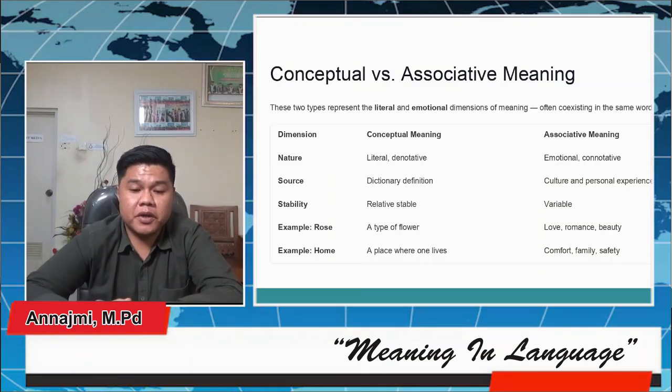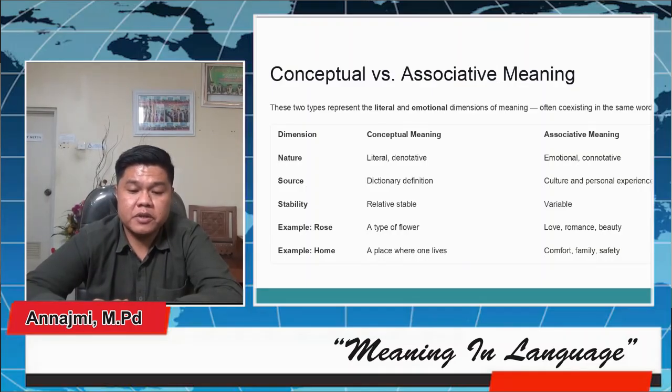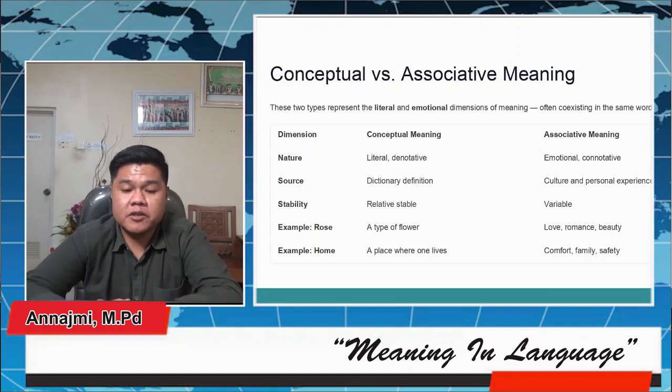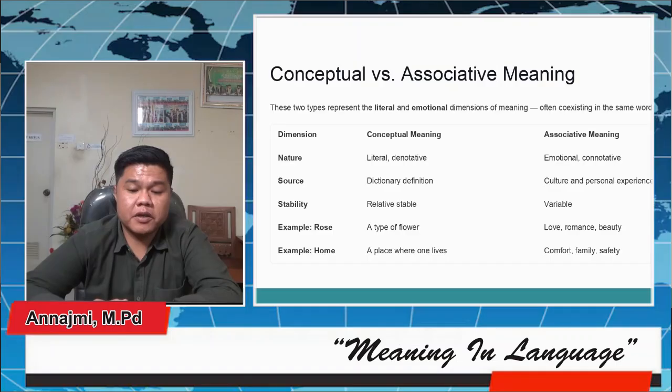Take the word home as an example. Conceptually, home means a place where someone lives. Associatively, however, home may represent love, security, family, warmth, and belonging. Both dimensions work together whenever we communicate.